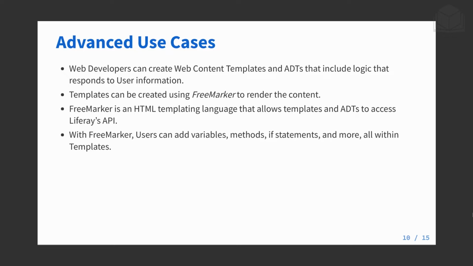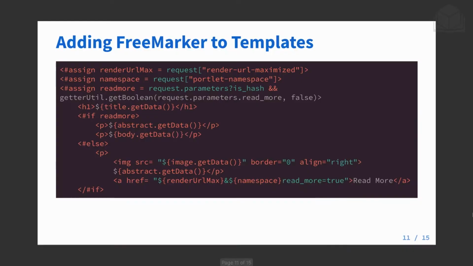The power of FreeMarker is that it's an HTML markup language that allows us to reference Java objects, which, if you're familiar with Liferay being a Java app, is really great news. It allows us a lot of flexibility. We can add variables, if statements, and so on.